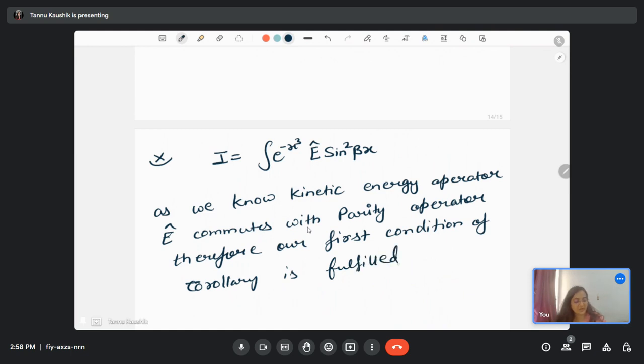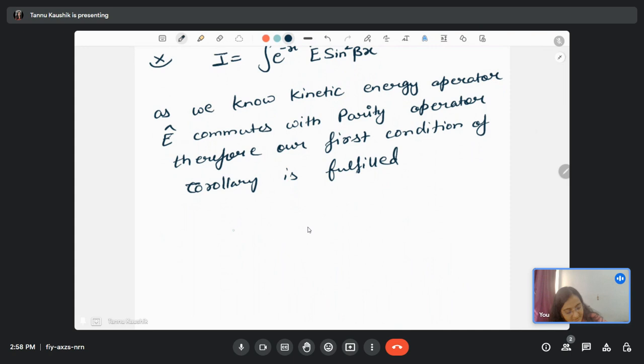First condition of the corollary is fulfilled.